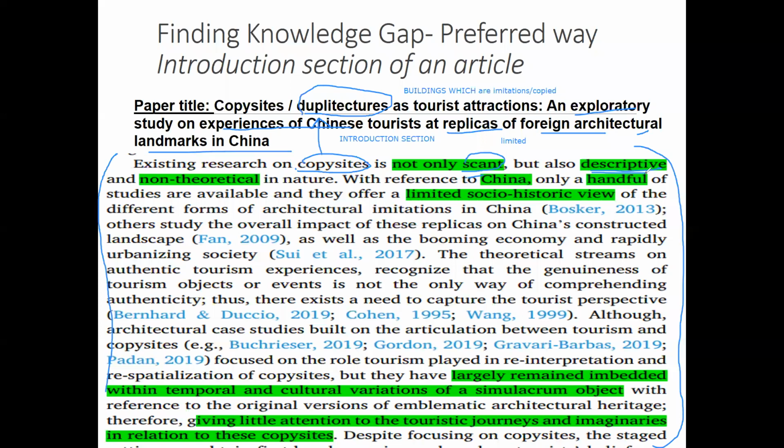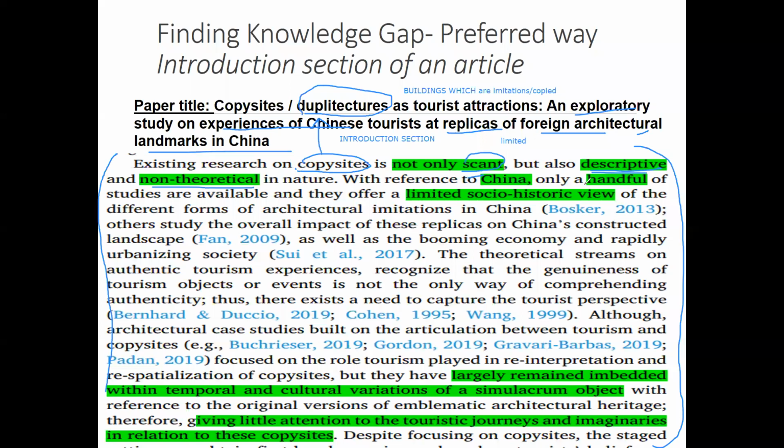The study does not follow lots of protocols, lots of guidelines. So it is not a very research-oriented study, and it is non-theoretical in nature. Whatever previous researchers have done on the topic of duplicatures is not theoretically sufficient. It is not very theoretically enriching.